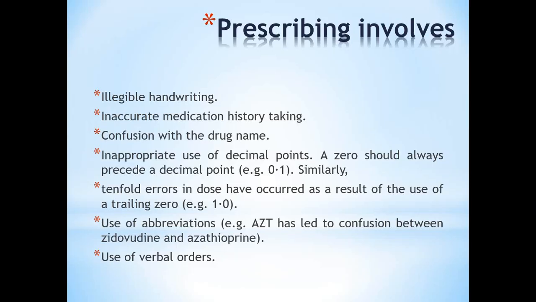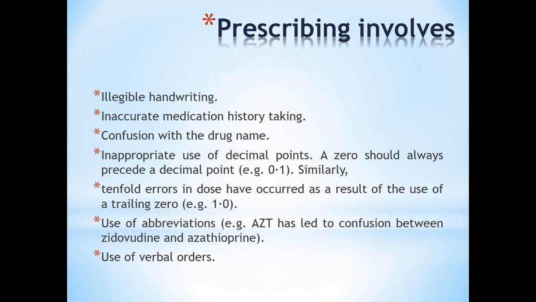Another prescribing error involves confusion with the drug name, that is, the drug is not remembered by its original name, or there is some sort of brand name confusion. Another prescription error involves inappropriate use of the decimal point.